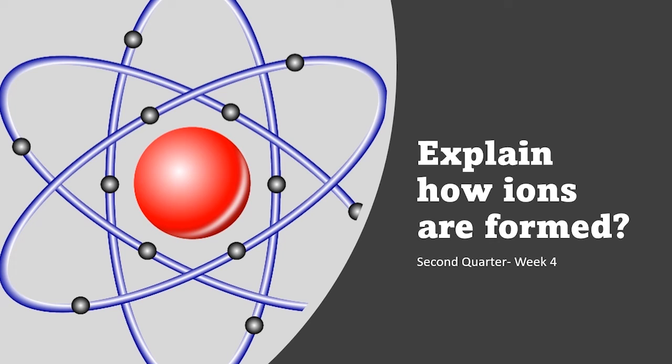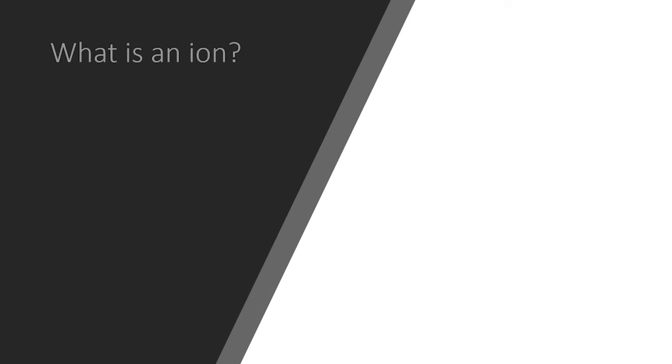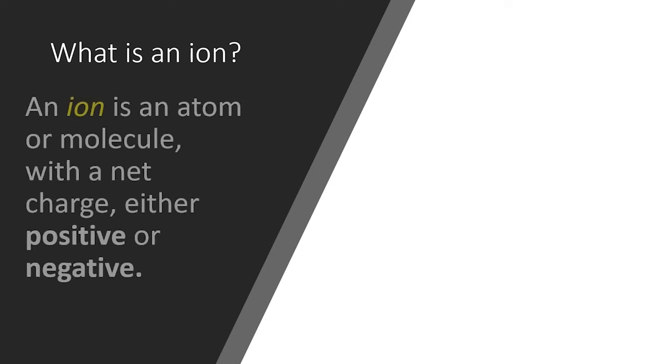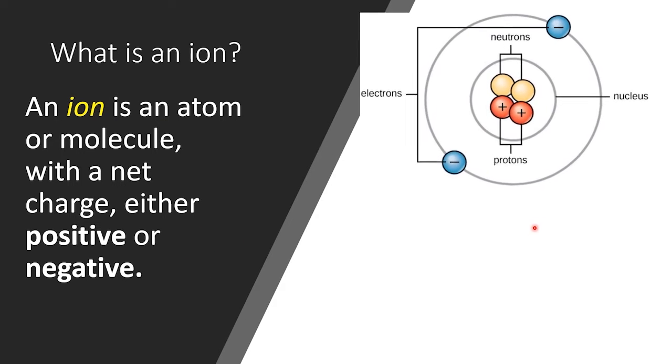We are on our second quarter, week 4, and we are going to talk about how ions are formed. What is an ion? An ion is an atom or a molecule with a net charge, either positive or negative.